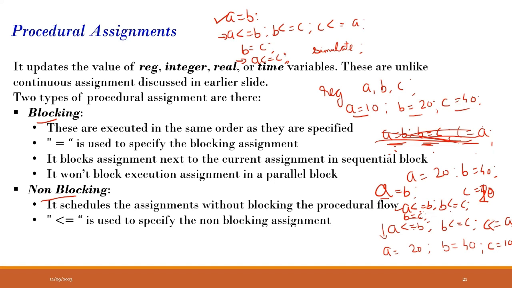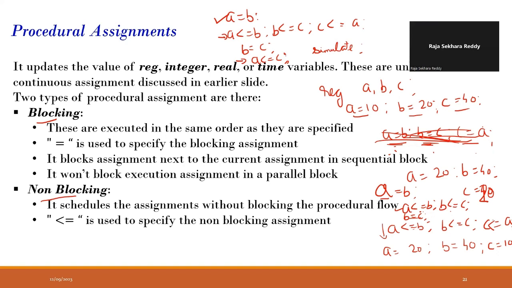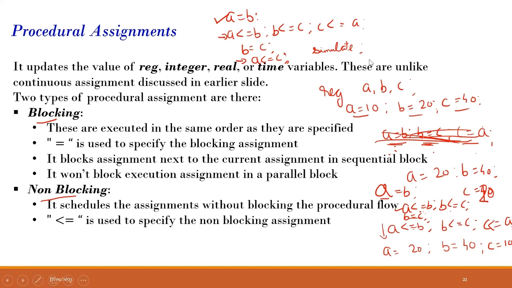Okay, Rajesh Sekhar, you were saying something? Sir, in this example which you have written, even though there seems to be parallel execution, the value of A seems to be in conflict. Which example? The first four lines: A equal to B, then A less than or equal to B, B less than or equal to C. Then the third line, B equal to C, and the fourth line, A less than or equal to C. Even though the second and fourth lines execute parallelly, A will have both B and C values, so such a kind of error may arise, I think.